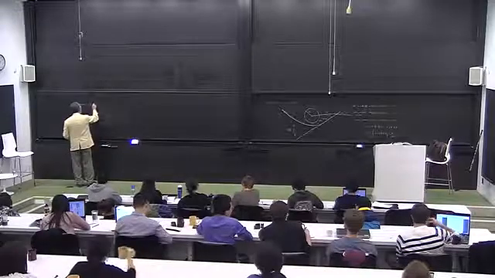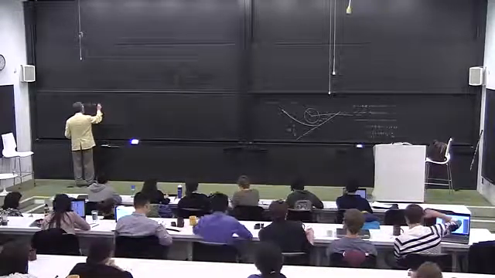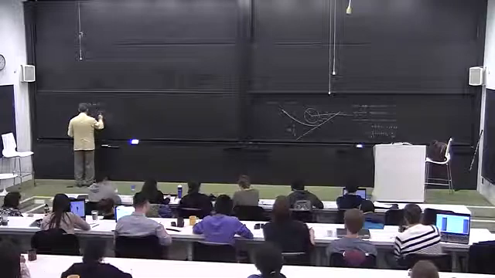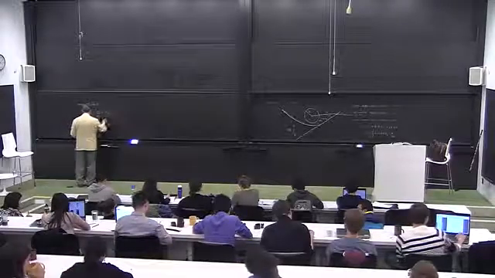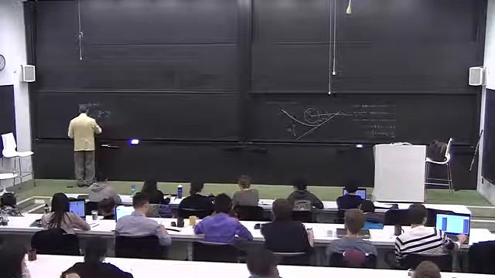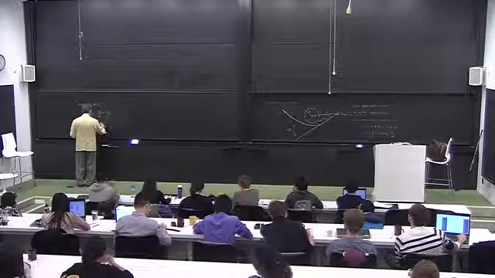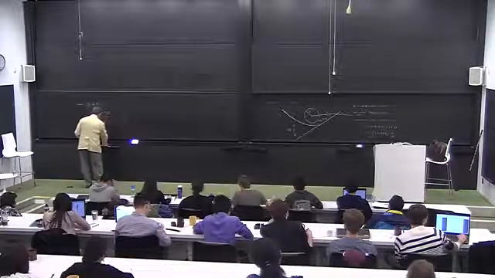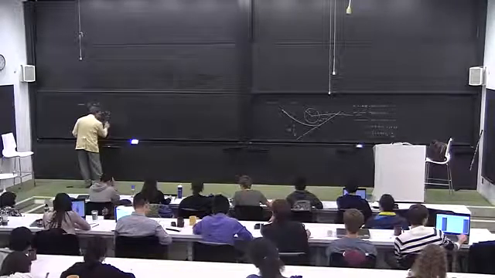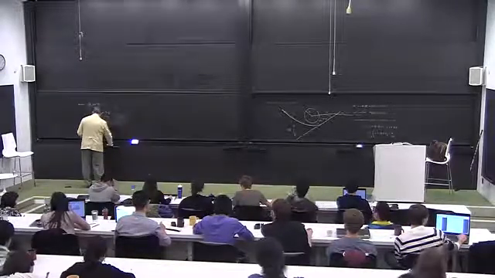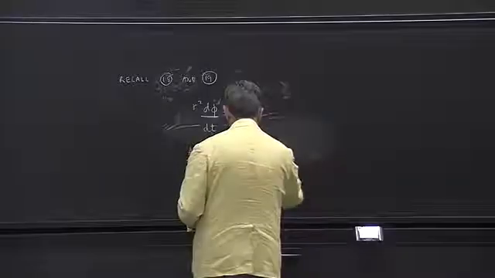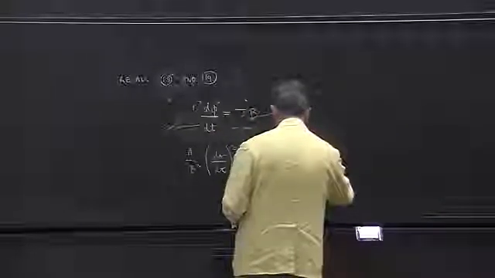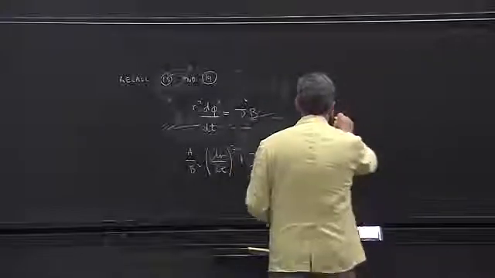Equations 18 and 19 are r squared d phi/dt equals j b, and A over B squared (dr/dt) squared plus j squared over r squared minus 1 over B is minus e, with e equals 0 for photons.